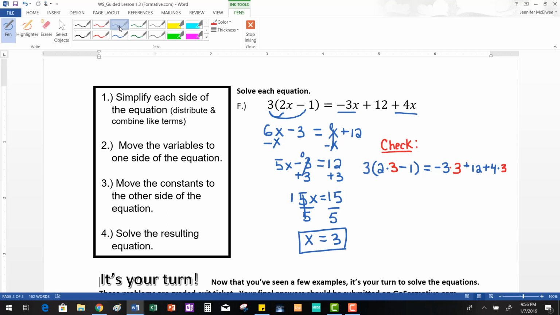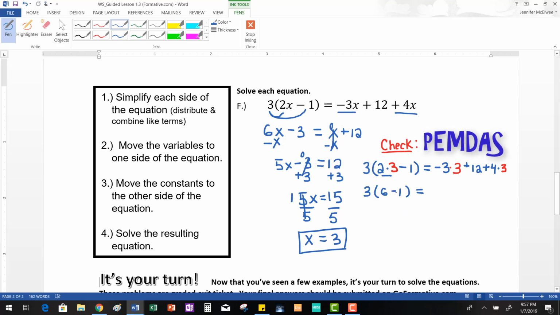All right. So now we simplify. Order of operations. So I'm focused on the left-hand side first. I need to work inside the parentheses, and there's multiplication and subtraction here. I'm going to do the multiplying first. So everything else comes down. 2 times 3 gives me 6. Here's my new left side.